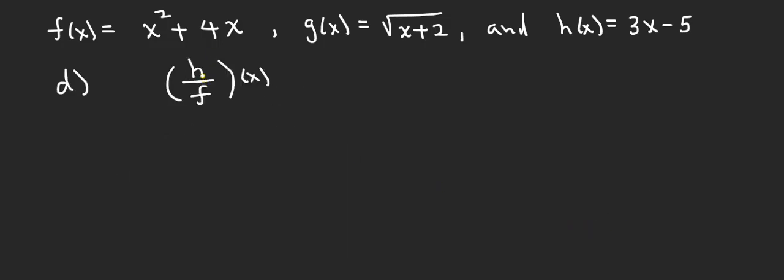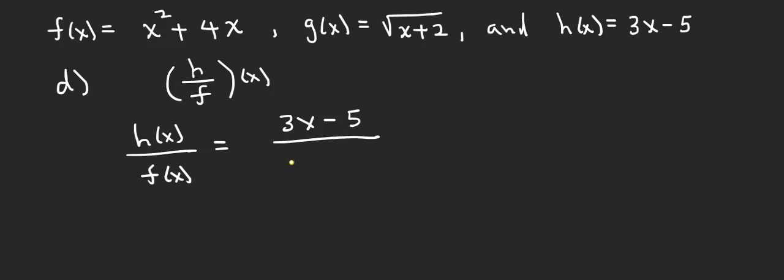Now let's take a look at h over f, or h divided by f of x. This is the same thing as h of x over f of x, which is 3x minus 5 over x squared plus 4x. And what about the domain of this?